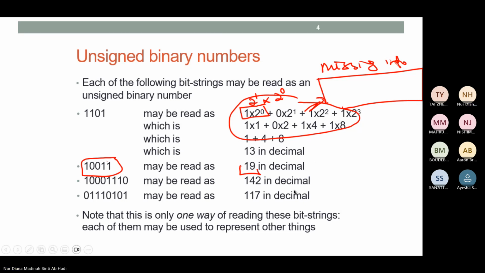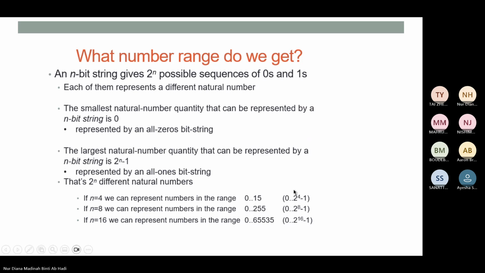Okay, so what number range do we get when we have an n-bit string that gives 2 to the power of n possible sequences of 0 and 1? Usually each of them represents a different natural number. So what is a natural number? Later you will find this out by yourself.